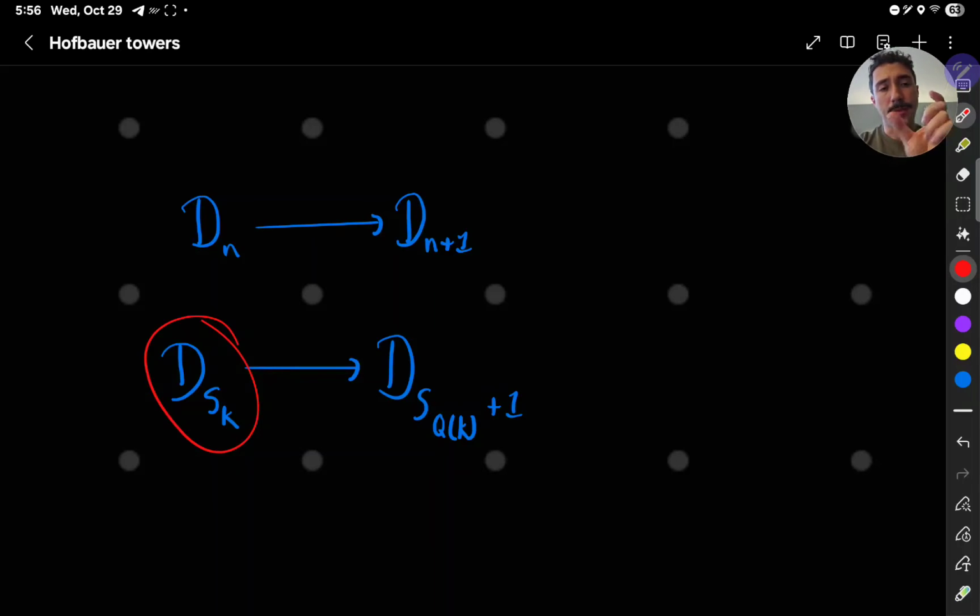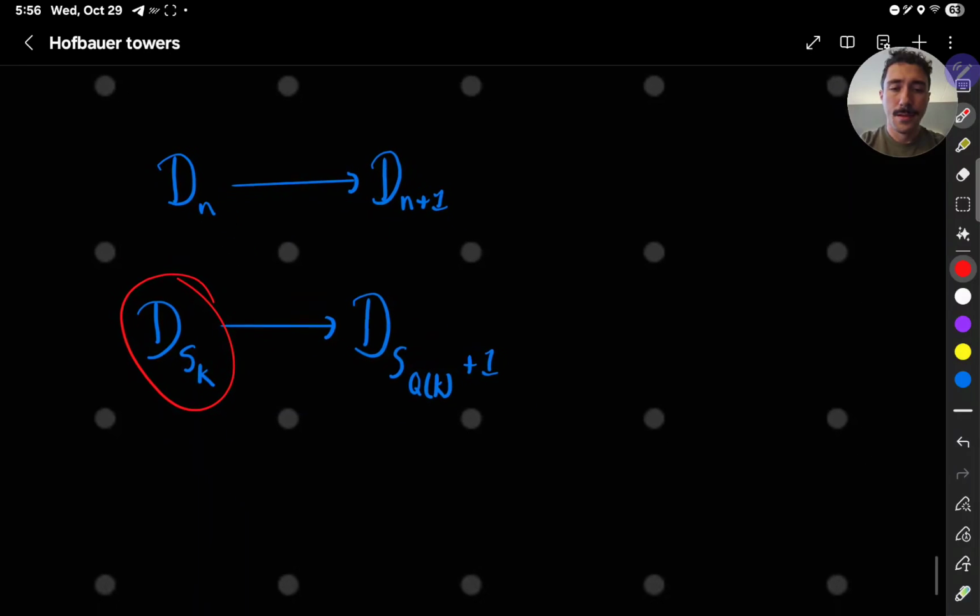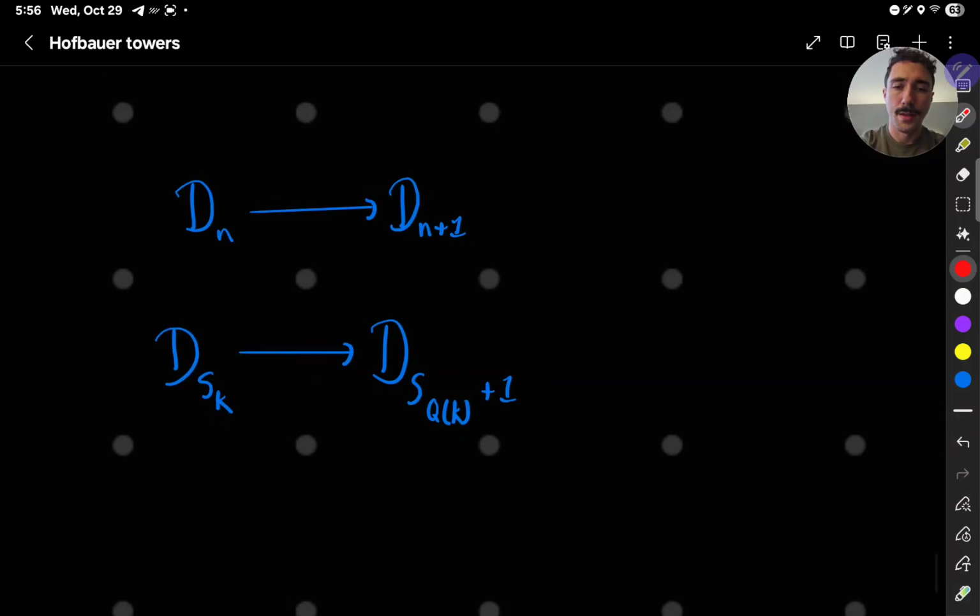So it has to map down to something with C1 as an endpoint of the image interval. So that will be S_{q_k}, a cutting time, plus 1. That's where that comes from.